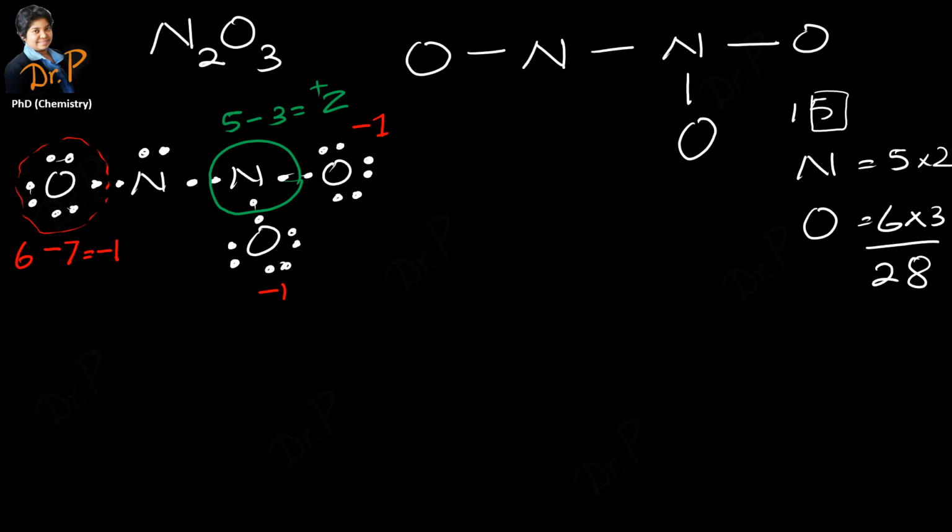And next we can find the formal charge for this nitrogen atom. Nitrogen has 5 valence electrons. This nitrogen atom holds 1, 2, 3, 4 electrons, making the formal charge +1 for that nitrogen atom.